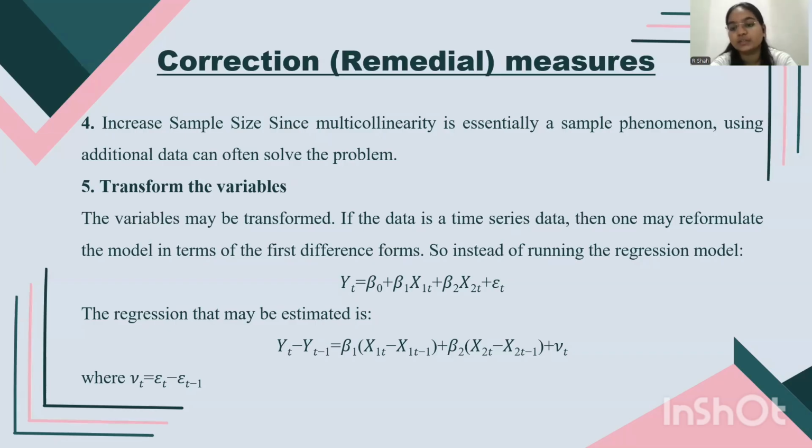So instead of running the regression model yt = beta naught + beta 1 x1t + beta 2 x2t + epsilon t, the regression that may be estimated is yt minus yt-1 = beta 1 (x1t minus x1,t-1) + beta 2 (x2t minus x2,t-1) + mu t, where mu t is epsilon t minus epsilon t-1.